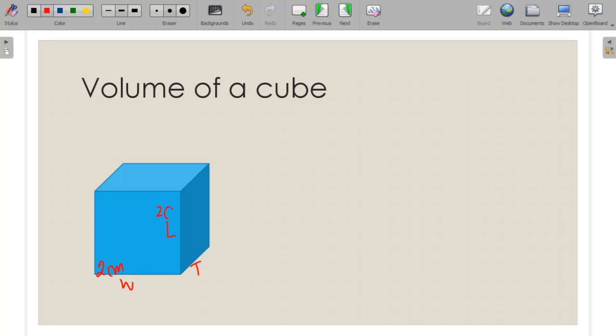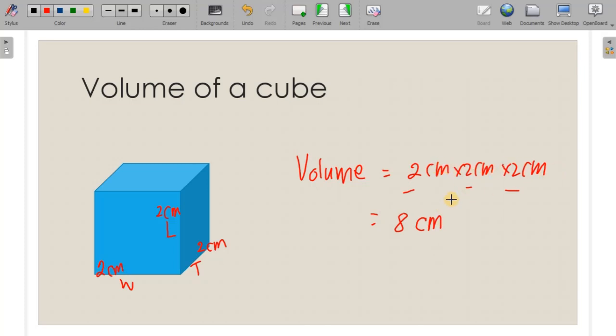Since this is a cube, all must be 2 centimeters. So the volume is equal to 2 centimeters times 2 centimeters times 2 centimeters. So 2 by 2 by 2, 8 centimeters, 1, 2, 3, cube. This is now very important, the cube.